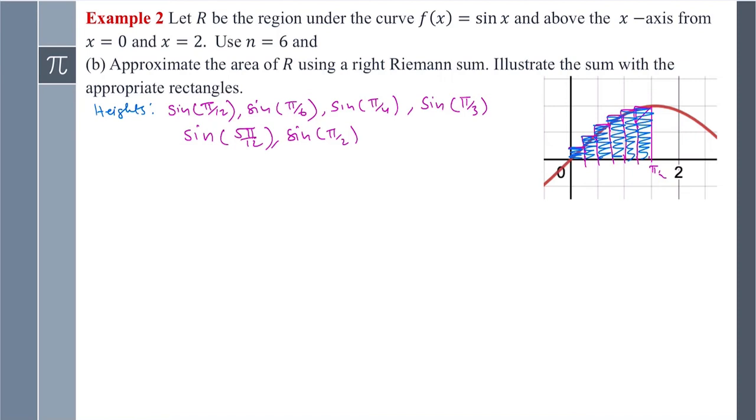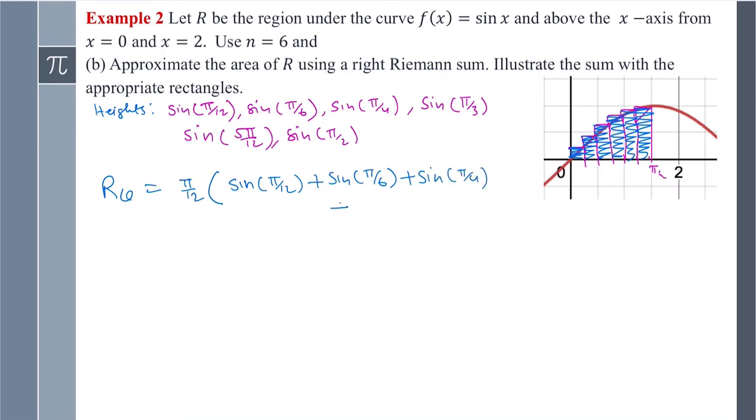Okay. Now the right Riemann sum with 6 divisions is going to be the width delta x, which is pi over 12, times this height, so sine pi over 12 plus sine pi over 6 plus sine pi over 4.